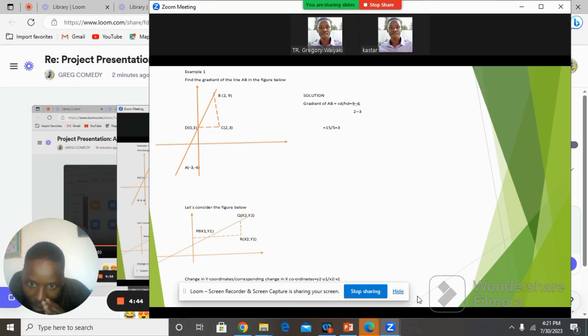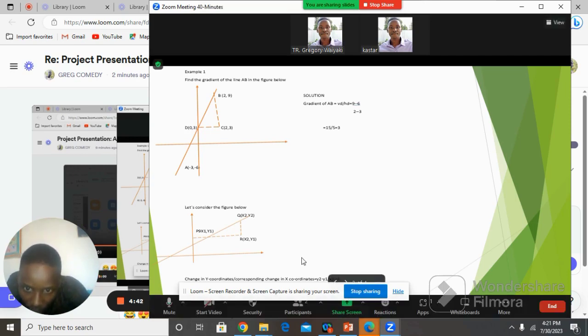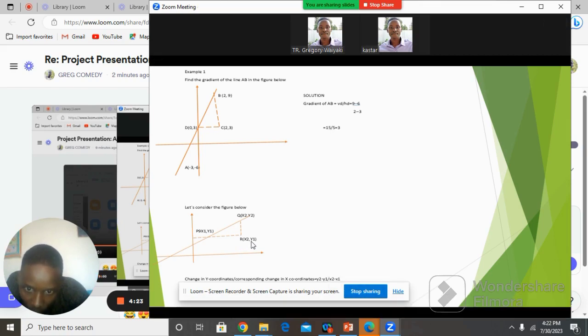Then you have the basic formula of finding the gradient. We have an illustration that we have been given. We have point P where we have x1 and y1. We have point Q where we have x2 and y2. We have point R where we have x2 and y1.